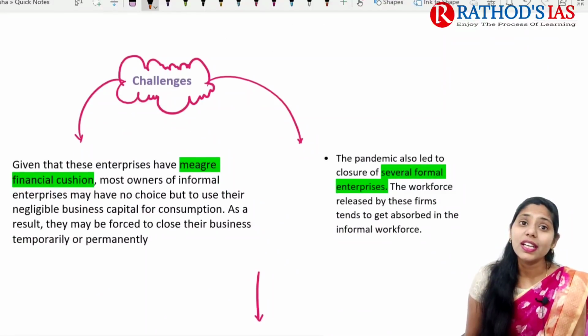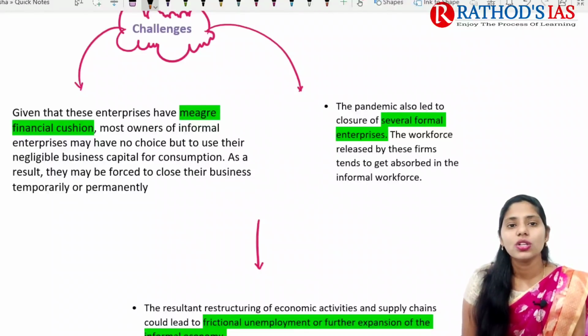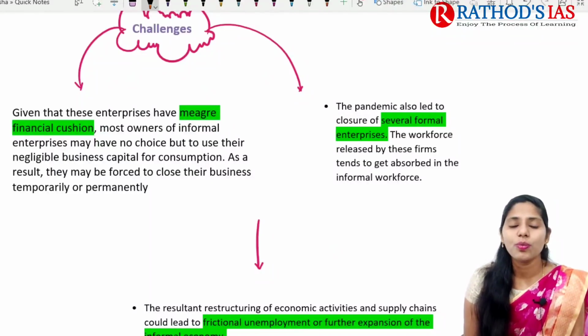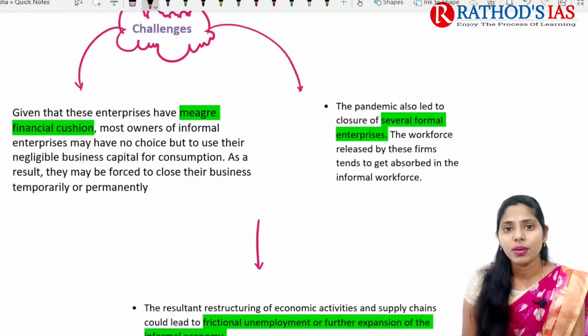Among the other challenges we see in the informal sector, they do not have proper finance. Because of this, businesses in the informal sector sometimes go for temporary or permanent closure, and that leads to loss of employment.